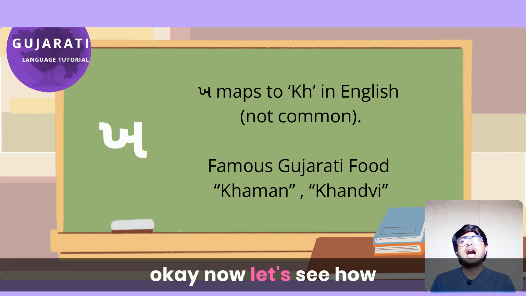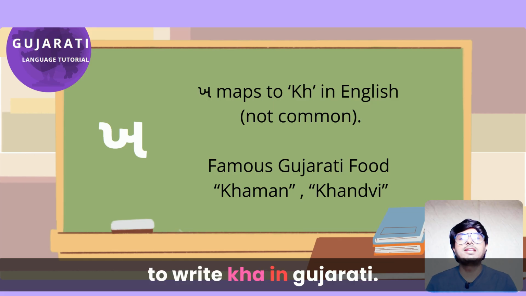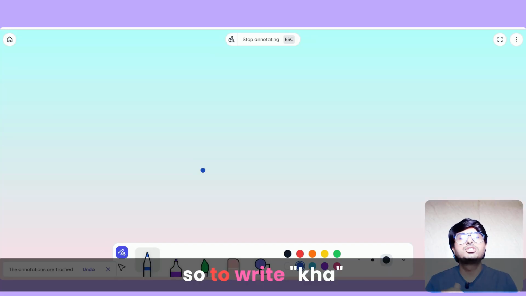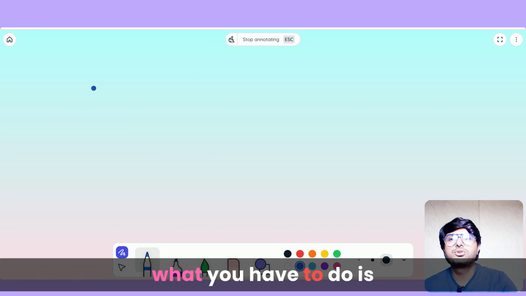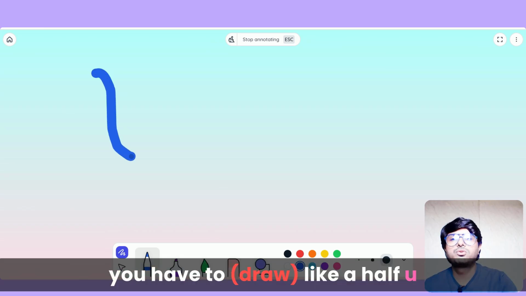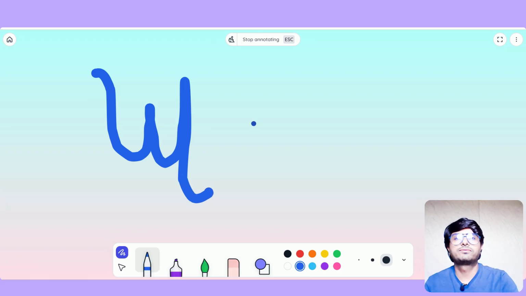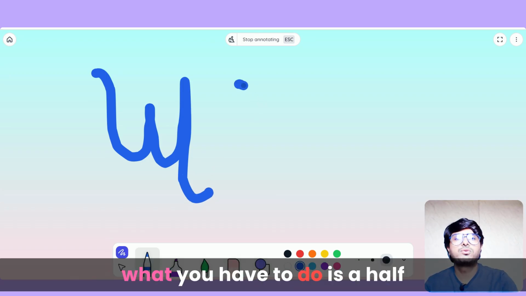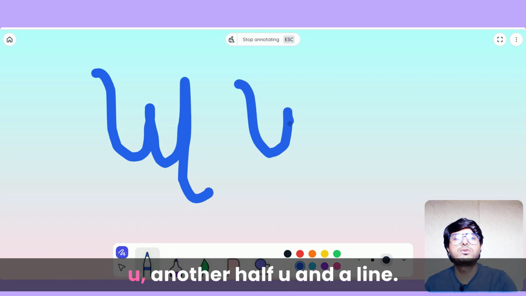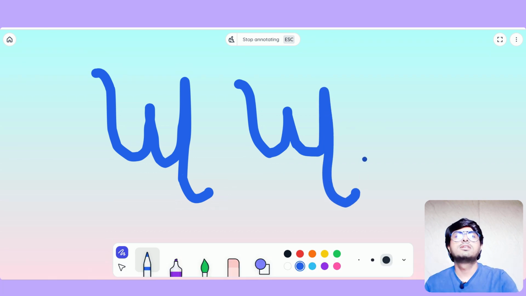Now let's see how to write Kh in Gujarati. To write Kh, you have to write a half U of English, another half U, and then a line.